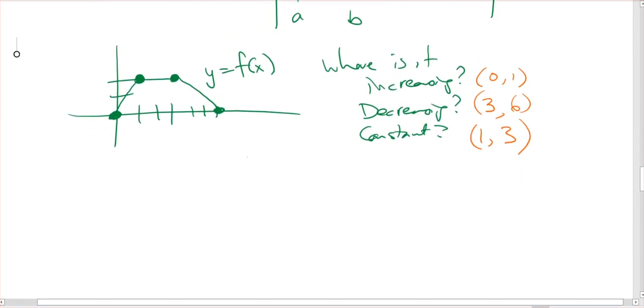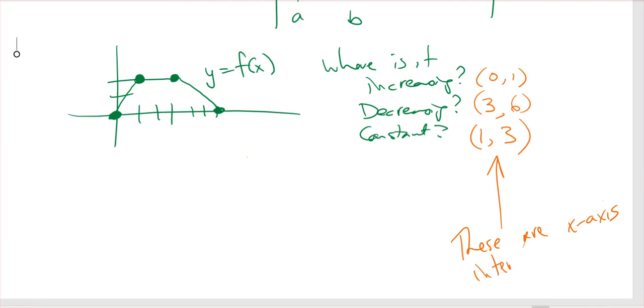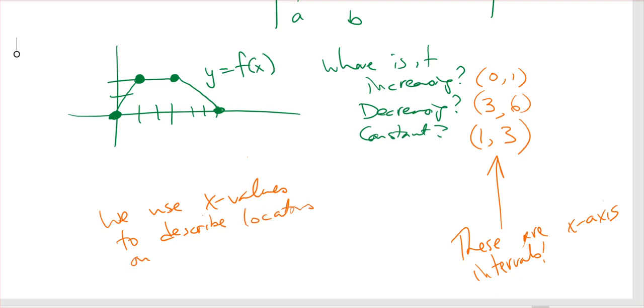Something that we usually make errors on is the fact that these are x-axis intervals. We usually use x values to describe locations on a graph, mostly because of how we define functions, right?